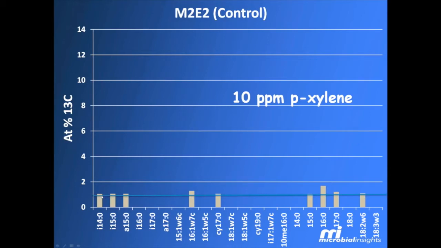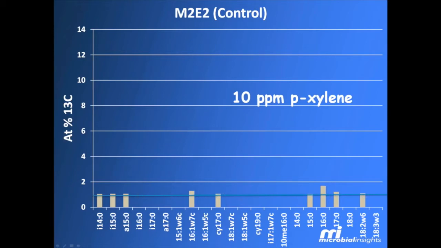So now I'm looking at the atomic percent of carbon-13 in each one of these fatty acids. So if a fatty acid has incorporated carbon-13, it will have an atomic percent C13 that is greater than 1.1%. So if they peak above the line here, then there's been incorporation of carbon-13.